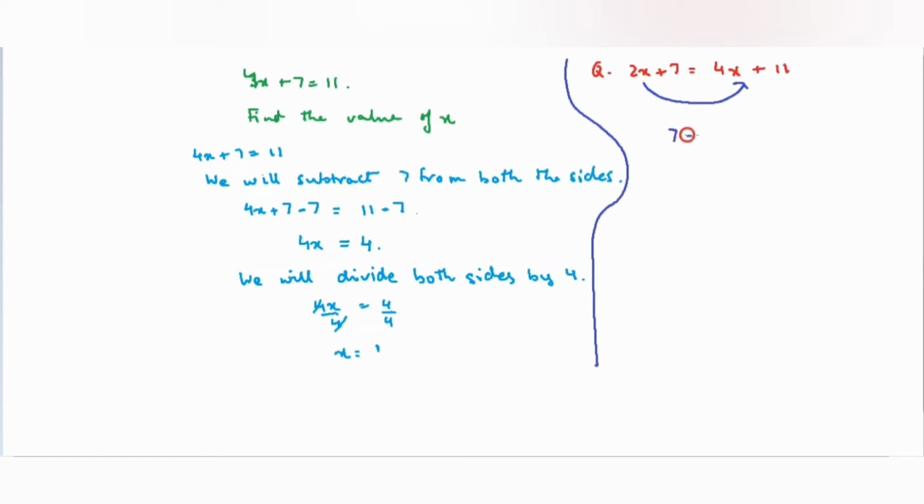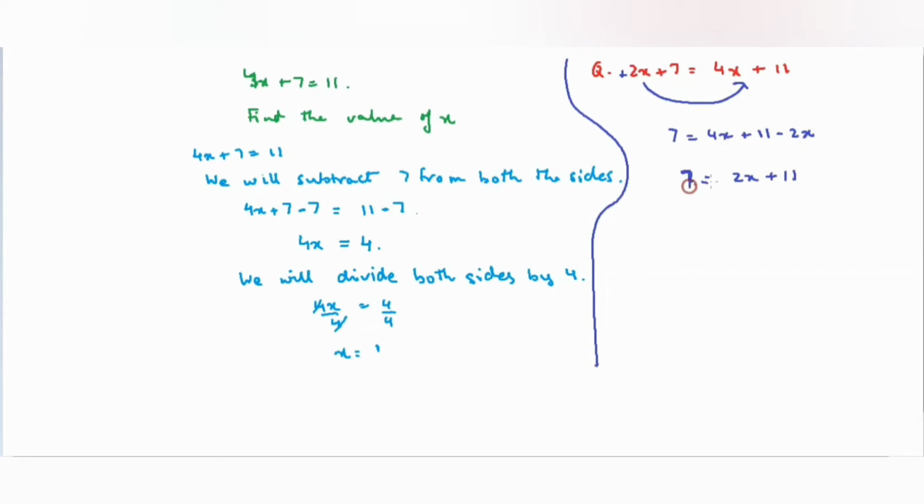So we'll be left with 7 is equal to 4x plus 11 minus 2x. Now see here, the sign of 2x was plus. Now when I took it to the other side, it changed to minus. I had mentioned this rule, it is known as transposition. So we get 7 is equal to, now 4x minus 2x will be 2x plus 11.